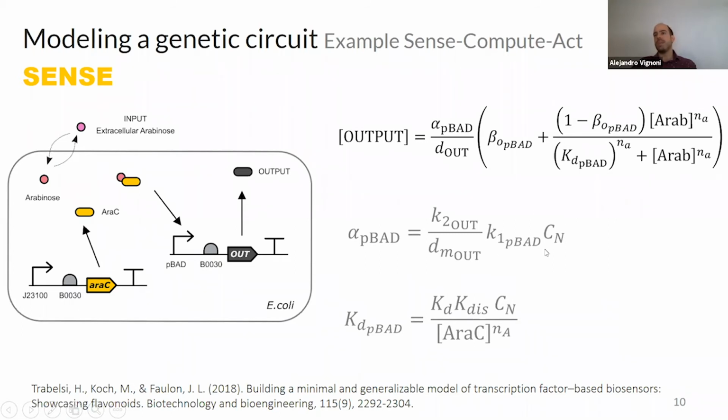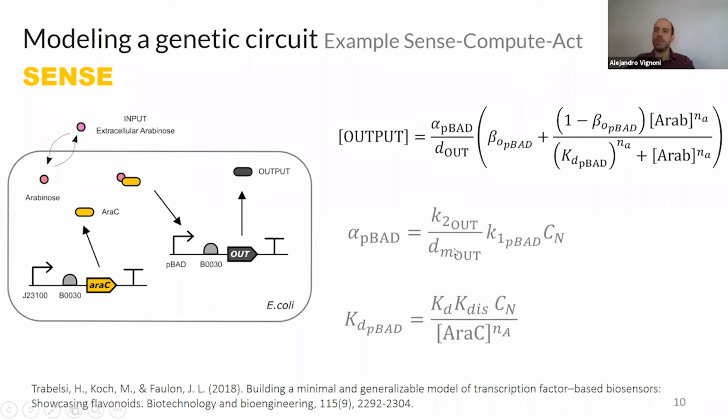We have the copy number of this plasmid, where this construct is put in. If we have a high copy number, there will be a lot of expression. If we have a lower copy number, we will have less. Then we have K2, which represents the translation rate, which is encoded, in general, by the RBS strength. And then the decay rates of the protein that we put in the output.